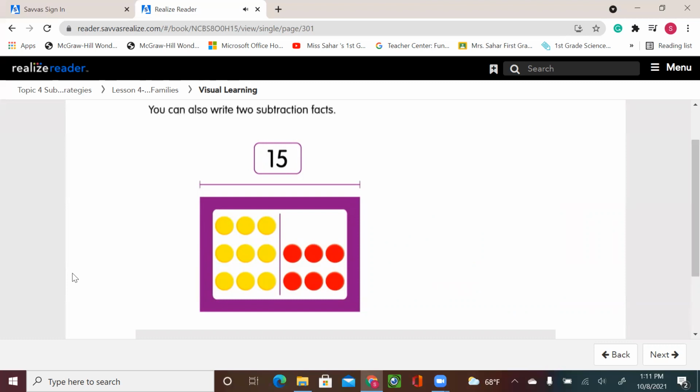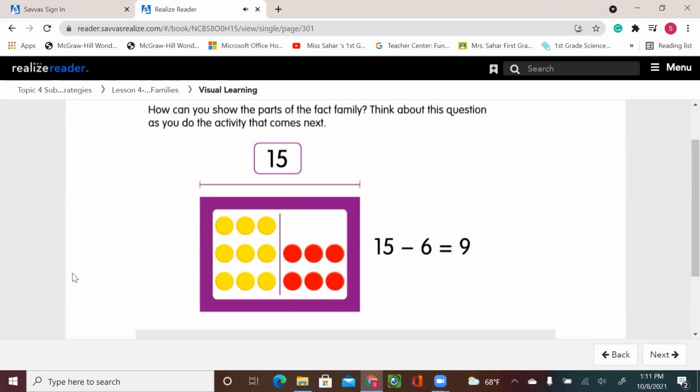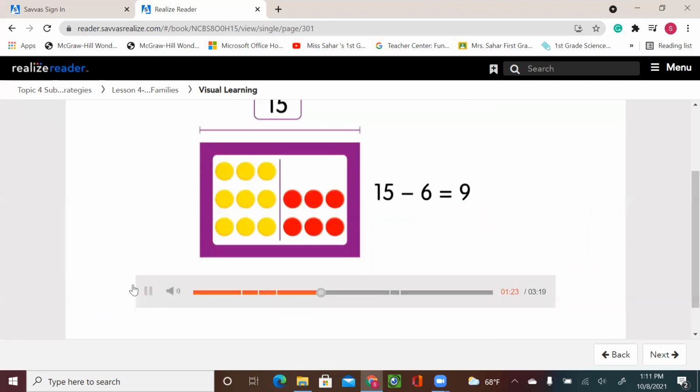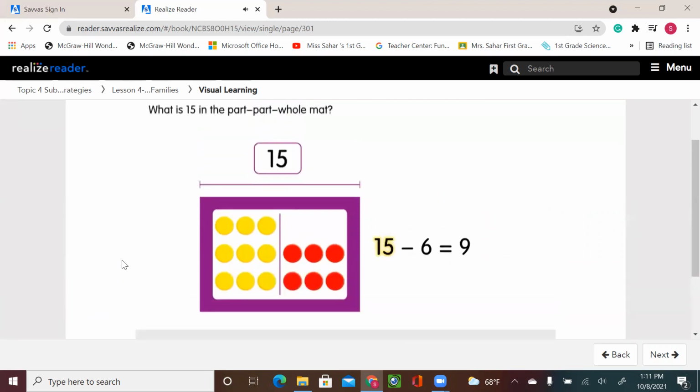You can also write two subtraction facts. One subtraction fact is 15 minus 6 equals 9. How can you show the parts of the fact family? Think about this question as you do the activity that comes next. What is 15 in the part-whole mat?